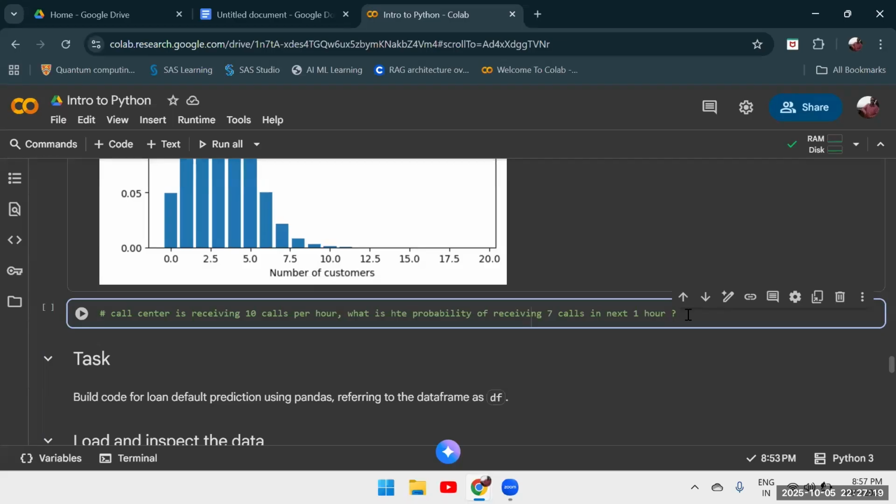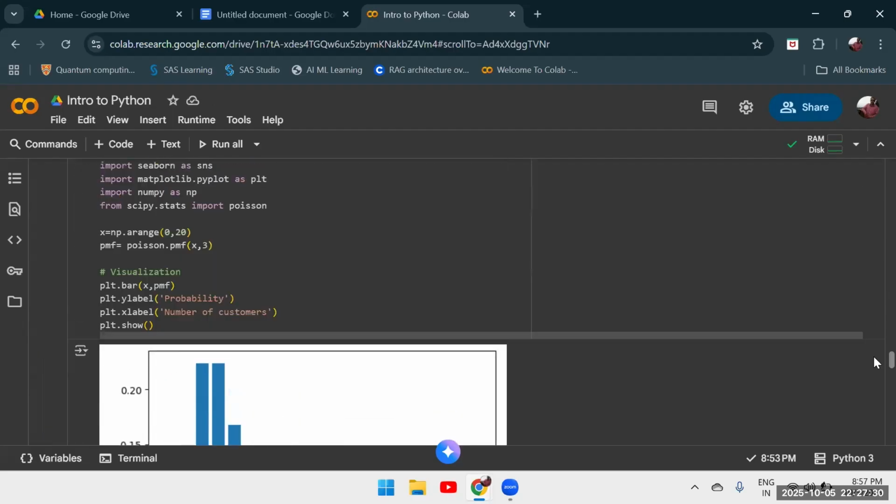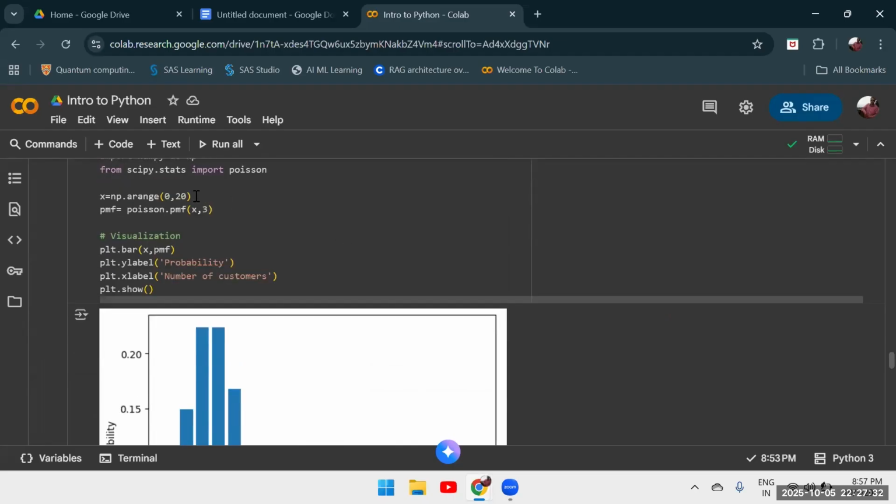So lambda is basically this value. The x-axis has 60 values, minutes. Okay. So what will be my lambda, Raghav? 60.